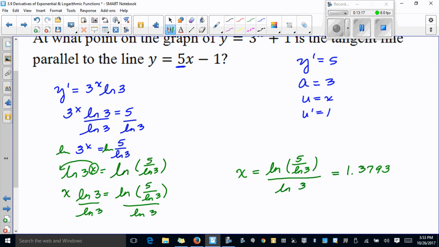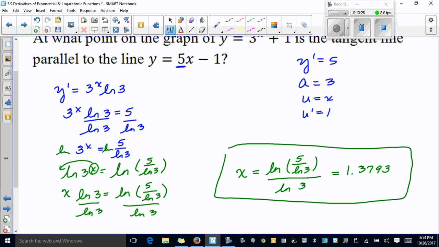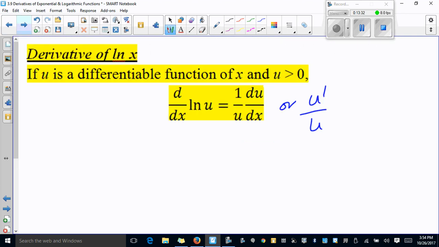Okay, so the next one is for just the natural log of x, just like e to the x. This is one of the simpler ones. If u is a differentiable function of x and u is greater than 0, then the derivative of natural log of u is 1 over u du dx, or simply u prime over u. So let's say a little bit easier on this one.